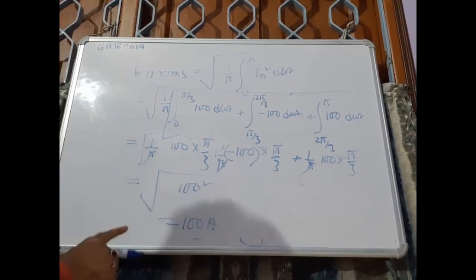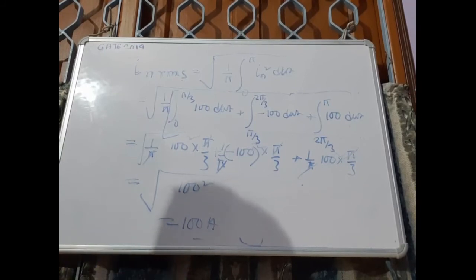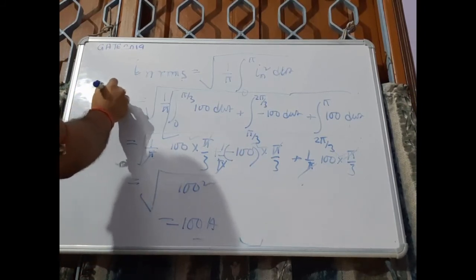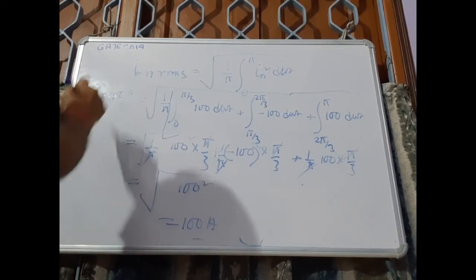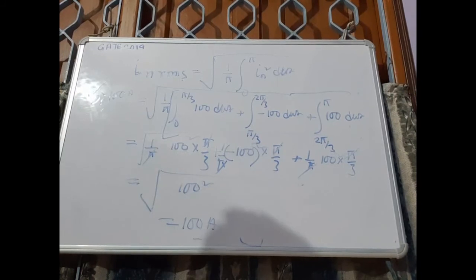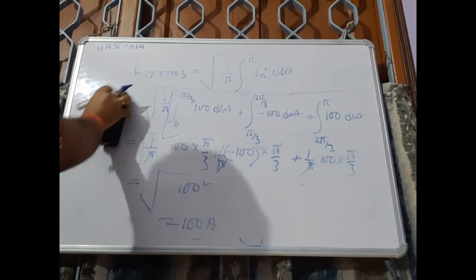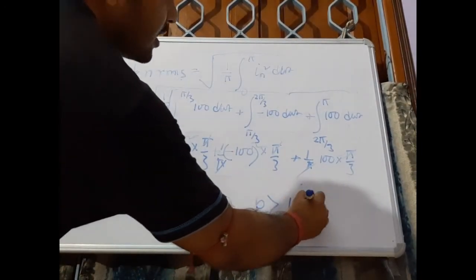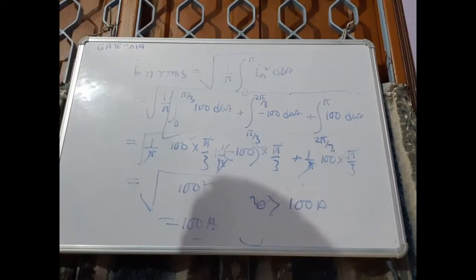So RMS value of neutral current is 100, and this must be option B, 100 ampere. Okay, this is the answer. If it is not visible, then I write here option B, 100 ampere.